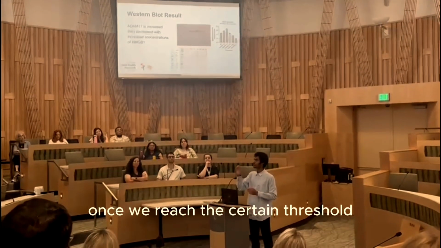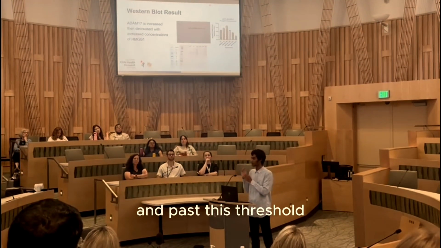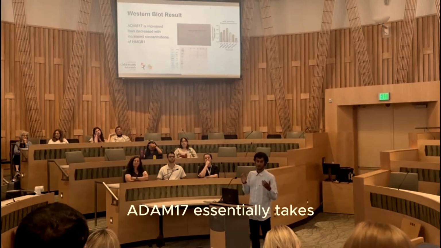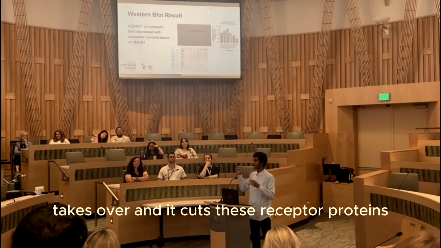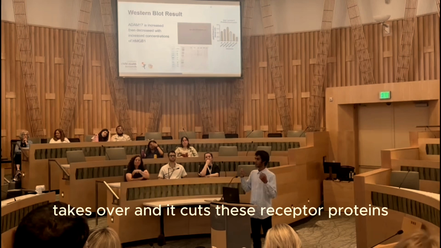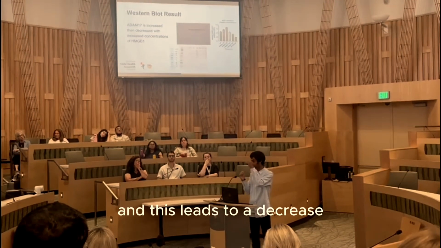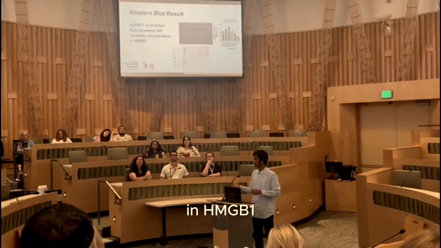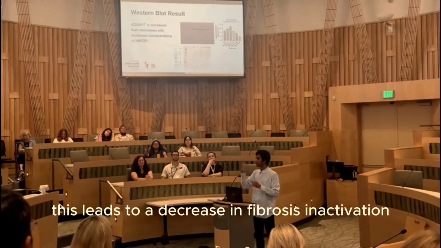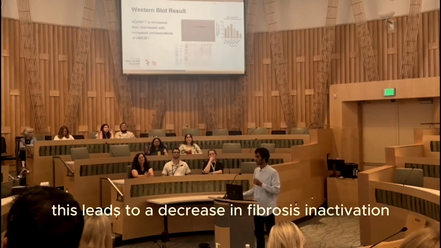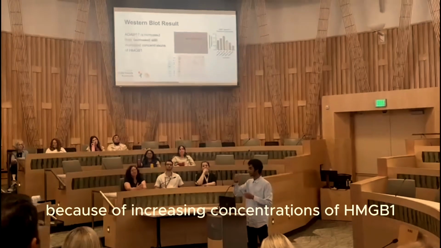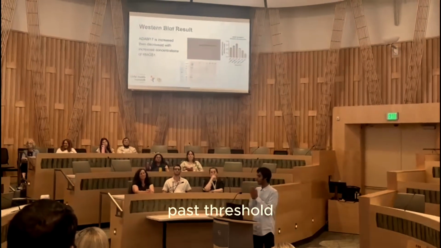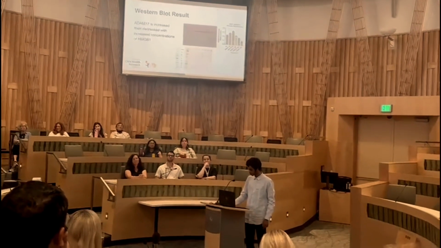Once we reach this certain threshold, and past this threshold, ADAM17 essentially takes over, and it cuts these receptor proteins, and this leads to a decrease in HMGB1 signaling. This leads to a decrease in fibrosis gene activation because of increasing concentrations of HMGB1 past the threshold.